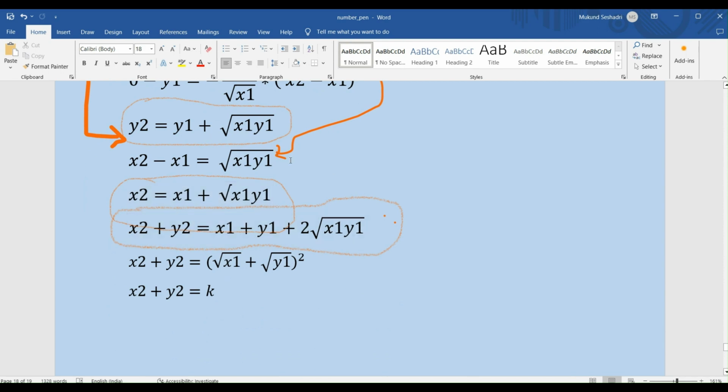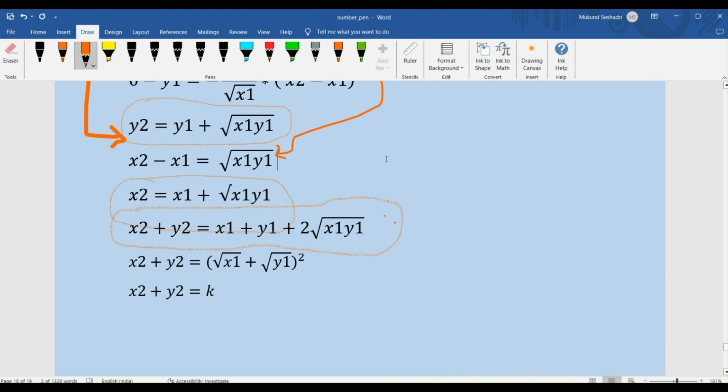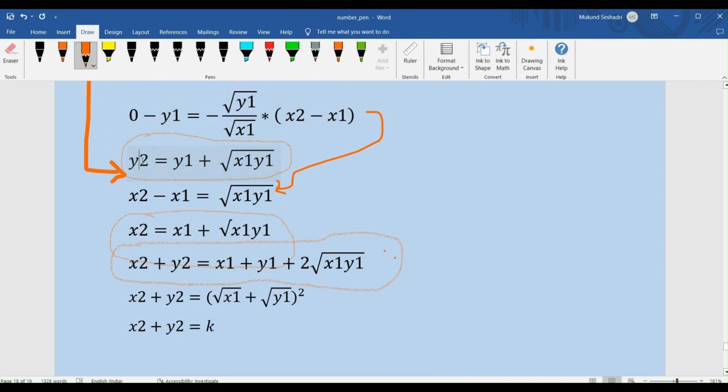So you sum up these two equations, right? You sum up this equation with this equation. So you have x2 and y2, and you sum them up to arrive at x2 plus y2 in terms of x1 y1. So x2 plus y2 is nothing but x1 plus y1 plus 2 times root of x1 y1.